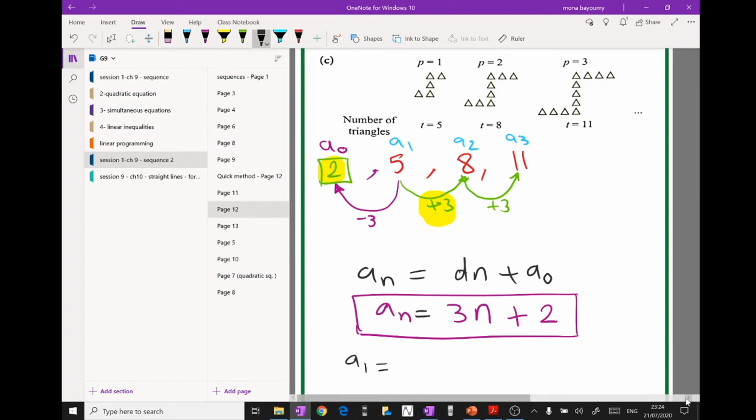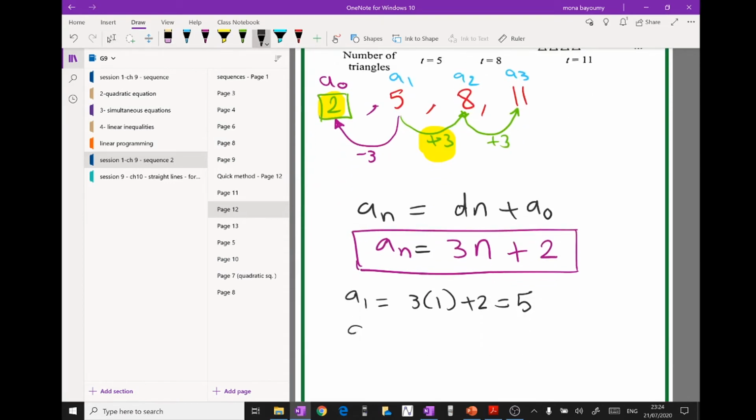A1 equals 3 times 1 plus 2. 3 times 1 is 3, plus 2 will be 5. A2 equals 3 times 2 plus 2, so it will be 8. A3 equals 3 times 3 plus 2, which is equal to 11.